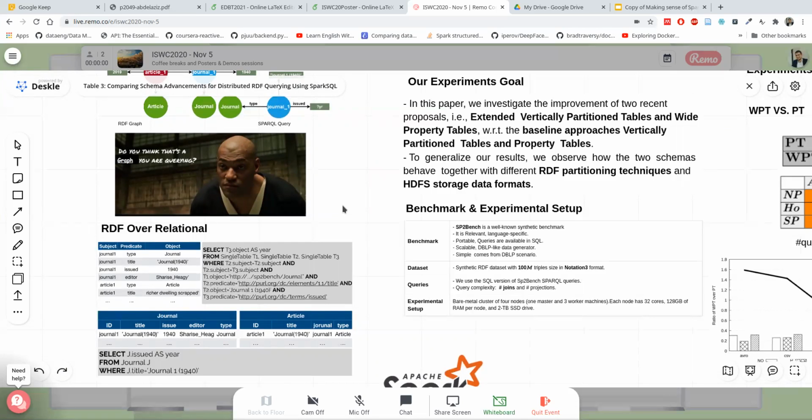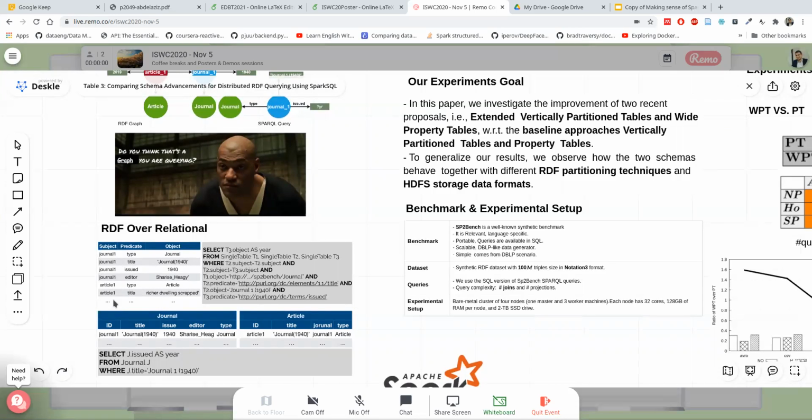Intuitively, the choice of relational schema significantly impacts the performance of query processing. For instance, the baseline RDF relational schema, the single statement table, prescribes storing RDF triples using a ternary table of subjects, predicates, and objects. Many alternatives to the single statement table exist.